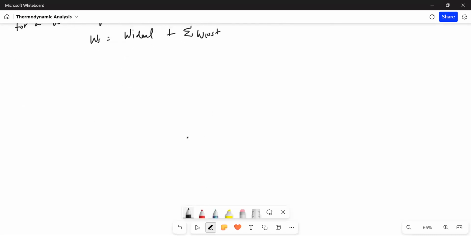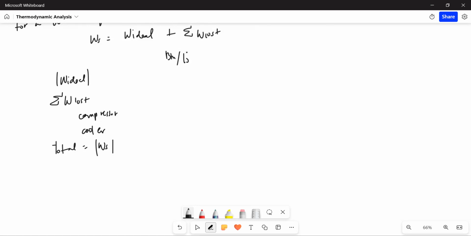Therefore, we make the table, and the format of the table is this: work ideal, and then the summation of the work lost. We have two, the compressor and the cooler. And the total would give us the work actual. We write now the actual values of the work, and also the percentages.